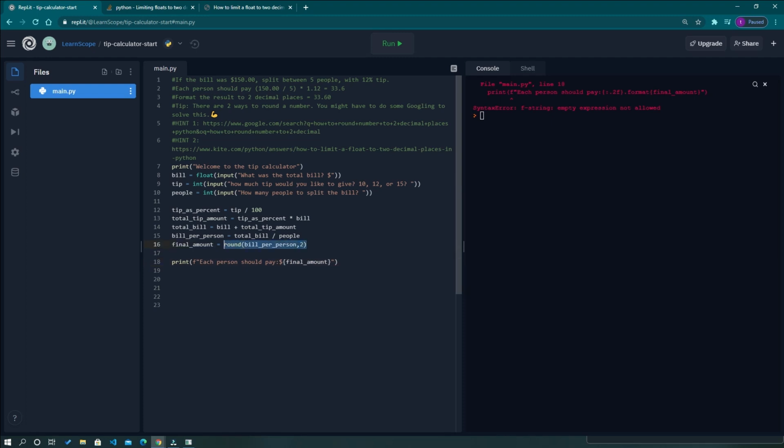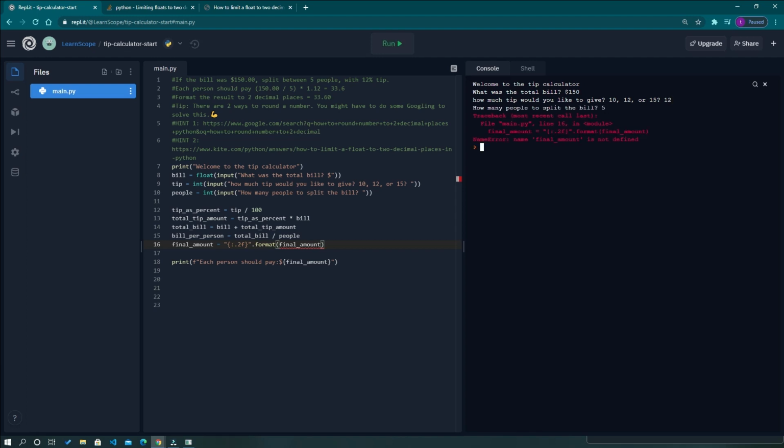So here, that should do it. 150. 12. 5. What is going on?